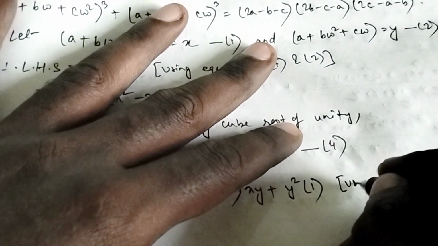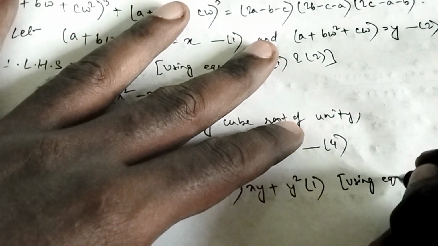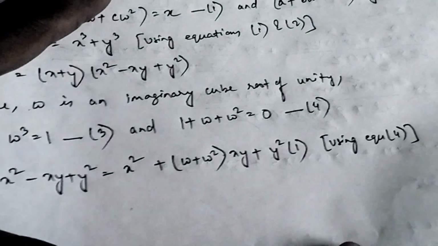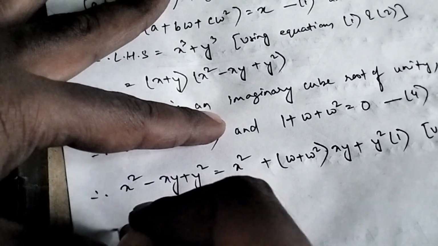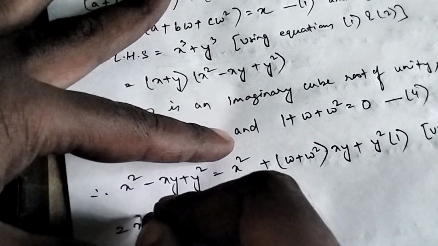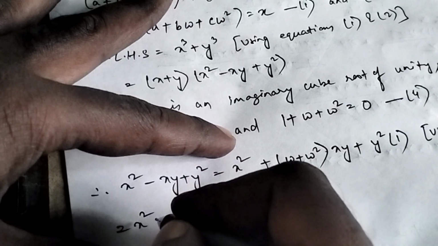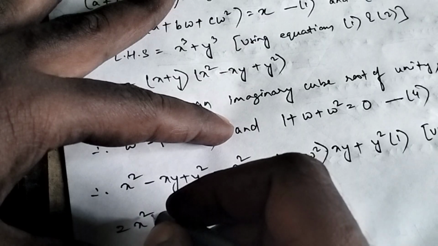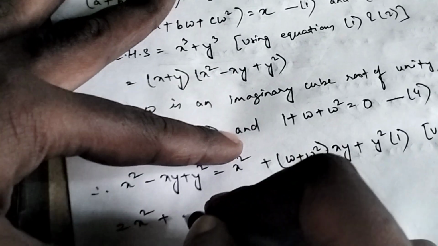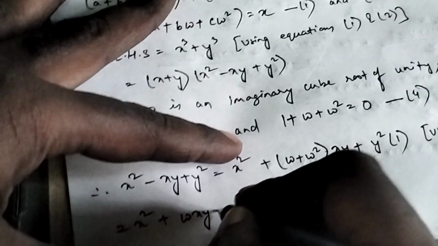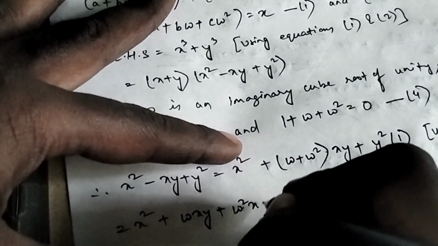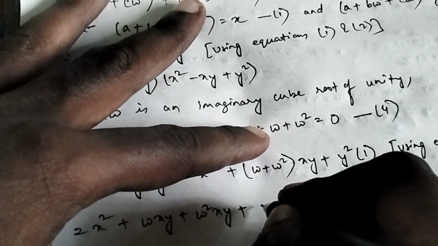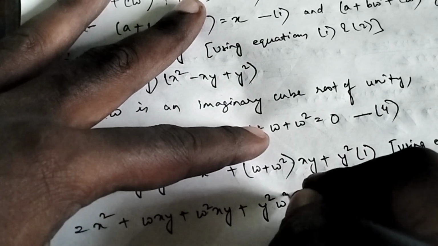Here you have to write using equation 4. Now this will be x square plus omega xy plus omega square xy plus y square omega cube.